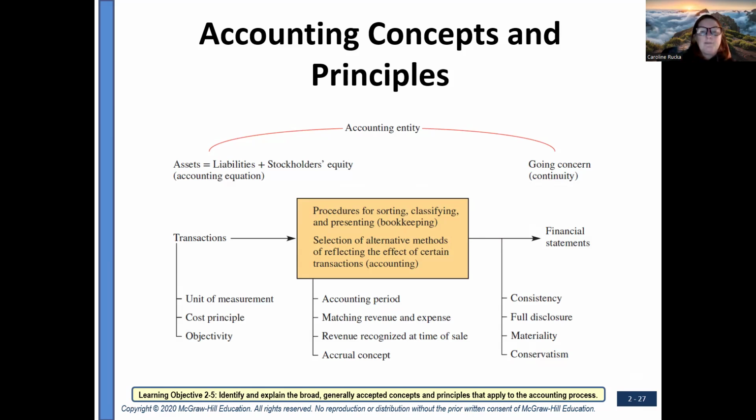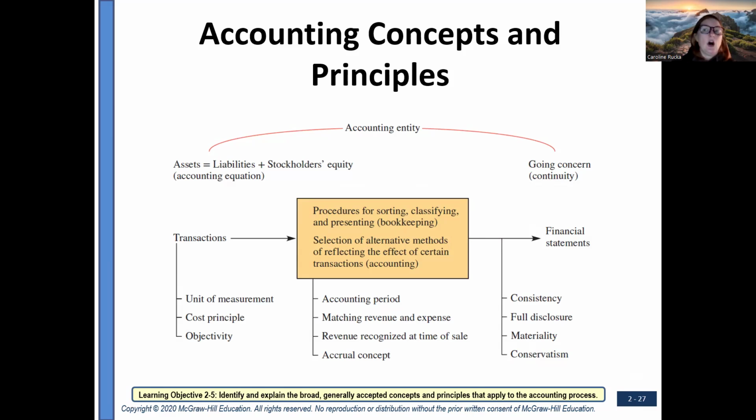Remember your matching principle and your revenue recognition principle. Revenues and expenses have to be matched together. So at the time of sale, because we're recognizing that cost of goods sold, we also have to recognize the sale, even if we don't receive cash.